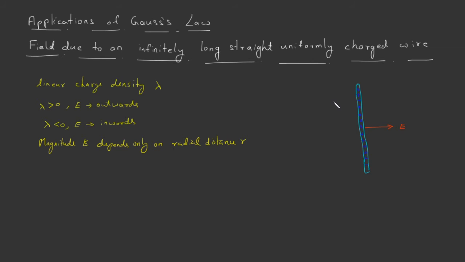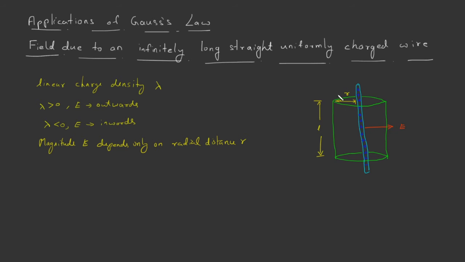So here we are going to consider a cylindrical Gaussian surface with a radius r and length L, like this. So the length is L and radius is r.